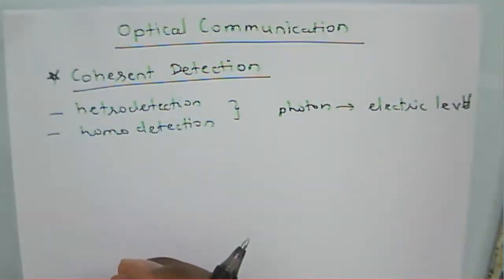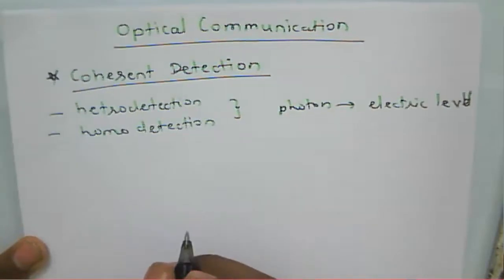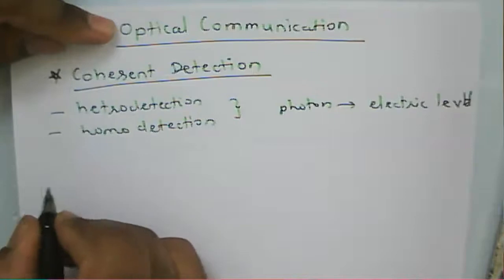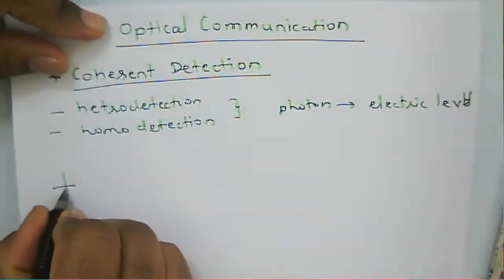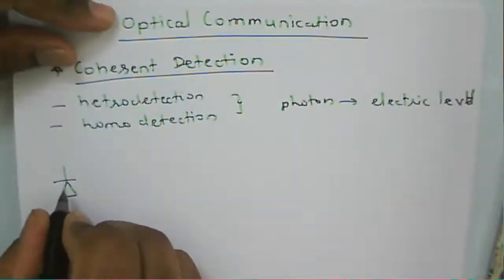That's why we need to learn about coherent detection and how a light wave system works. So we need to learn first what the various techniques are that are used in the coherent light system.